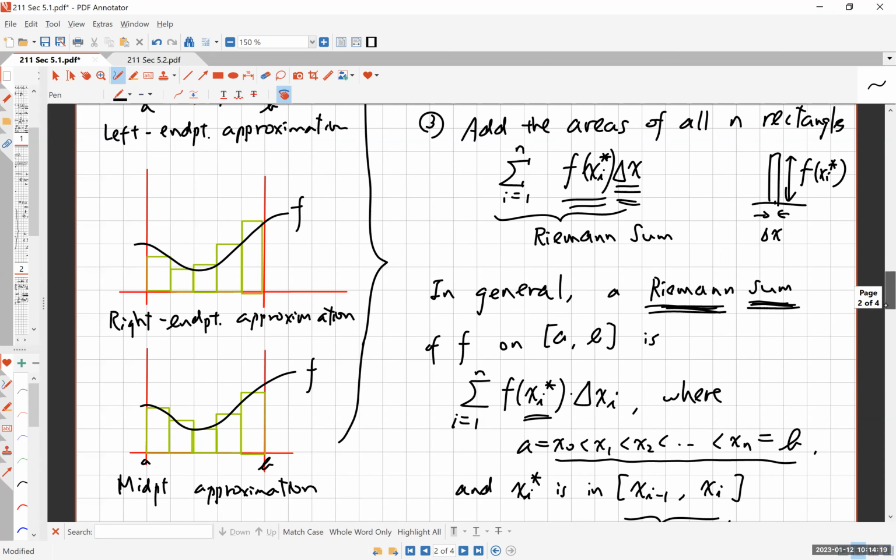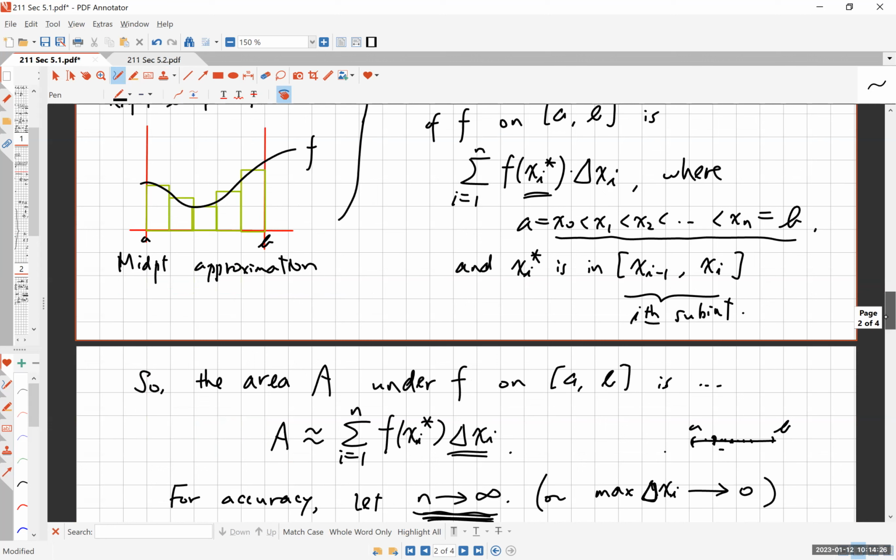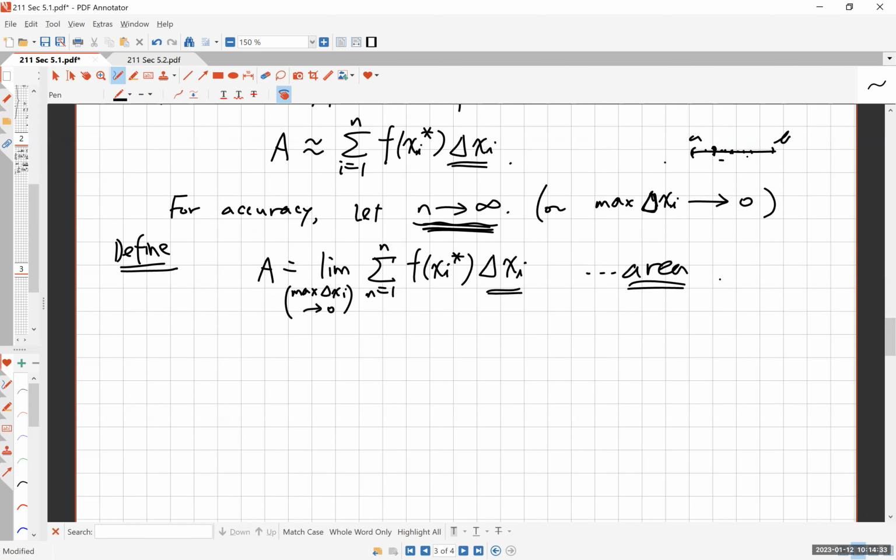So the areas of those n rectangular regions is an approximation of the total area. And as you take the limit, as the largest of these subintervals becomes 0, which means all the subintervals become smaller and smaller, that limit, if it exists, is the area under the curve, as long as f is non-negative on [a, b]. All right, so with that, I think we can go on to section 5.2 next time. Great.